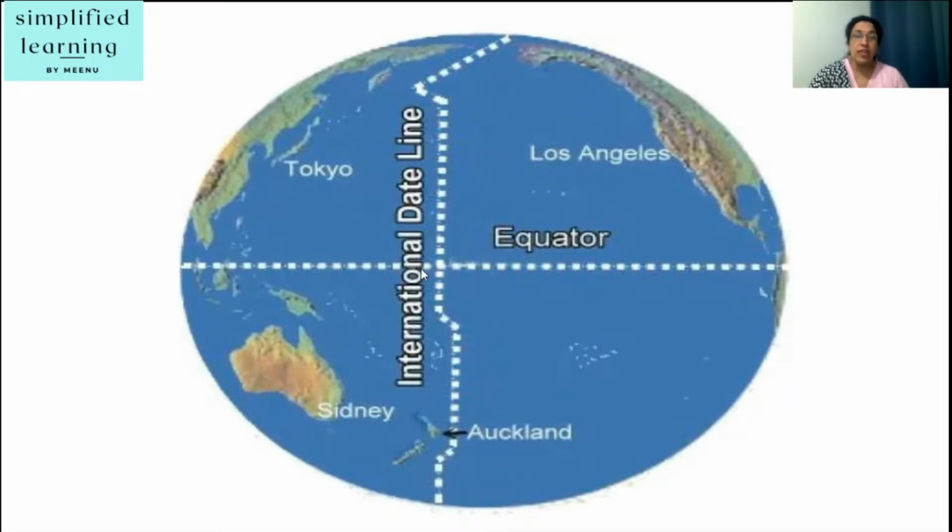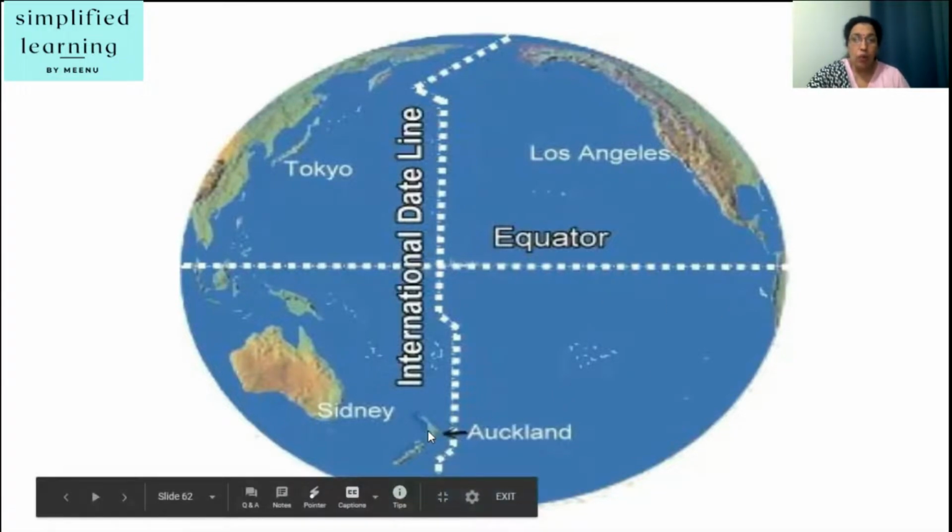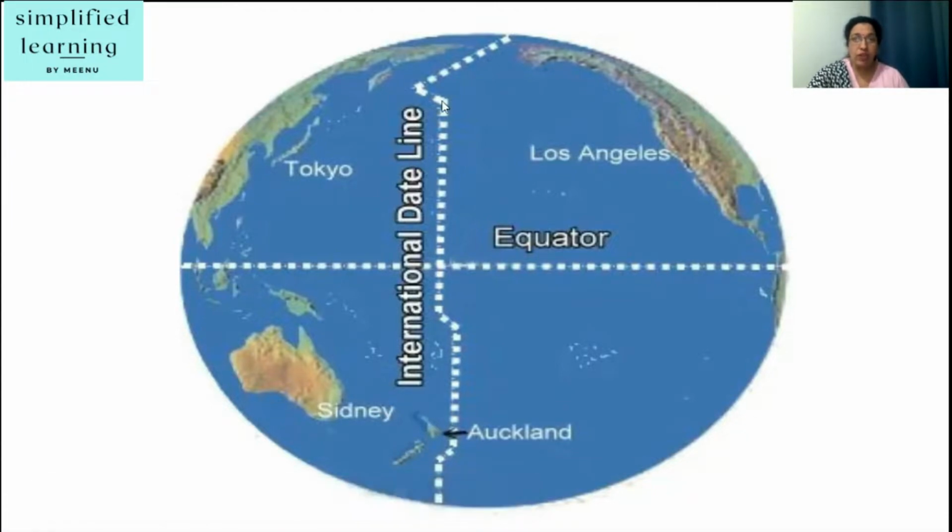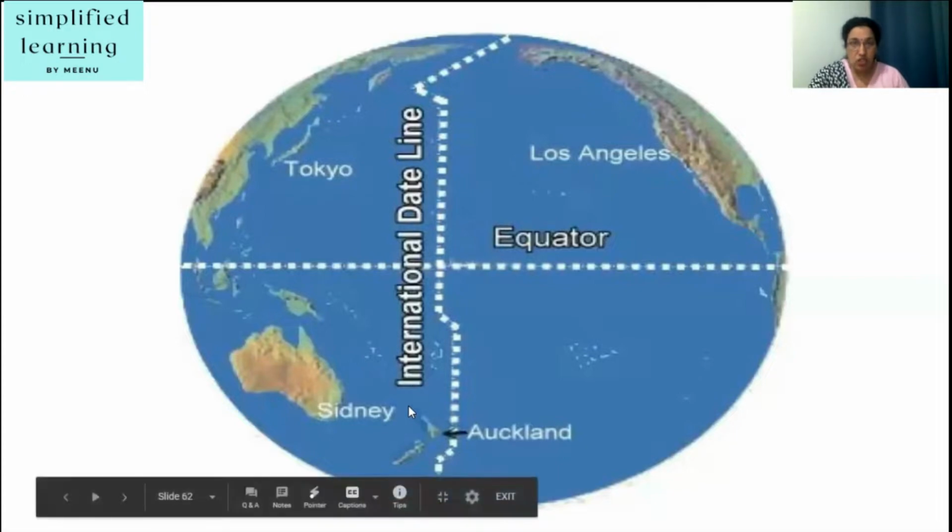So this part is now east and this part is west. Now Auckland, we know it is part of Australia. So wherever land area is there, this line is drawn zigzag. Why? Because when we cross this line, the date changes. That is why the name given to it is international dateline.